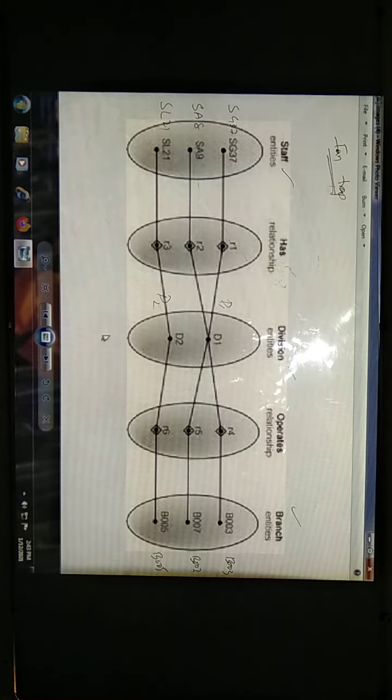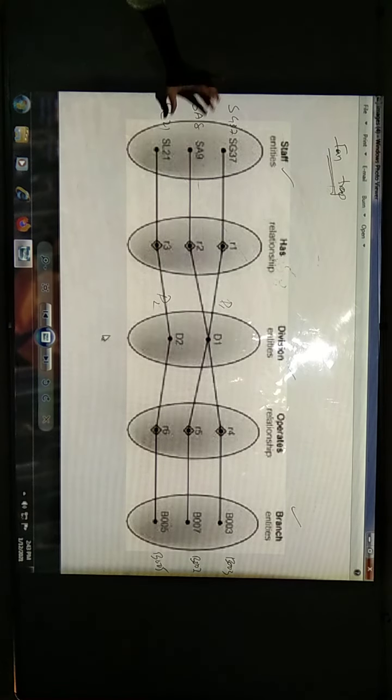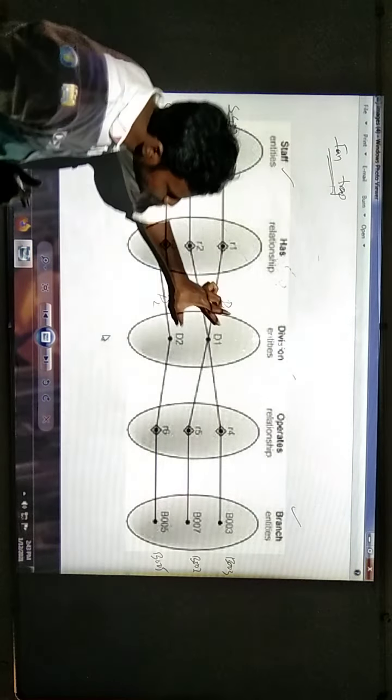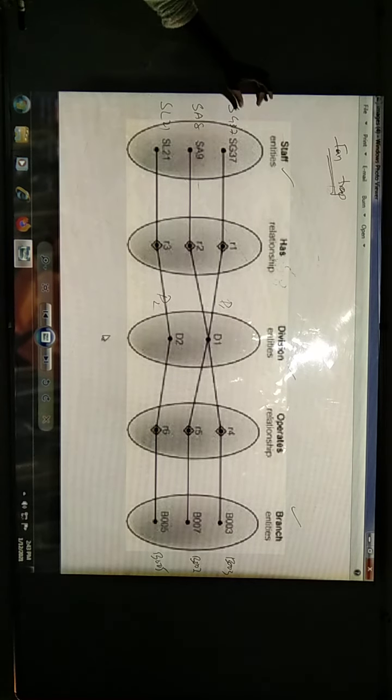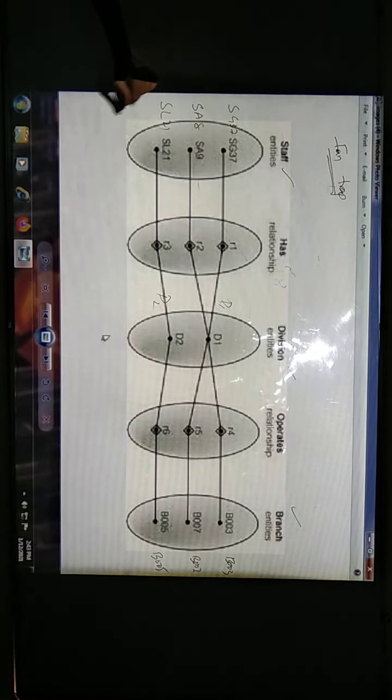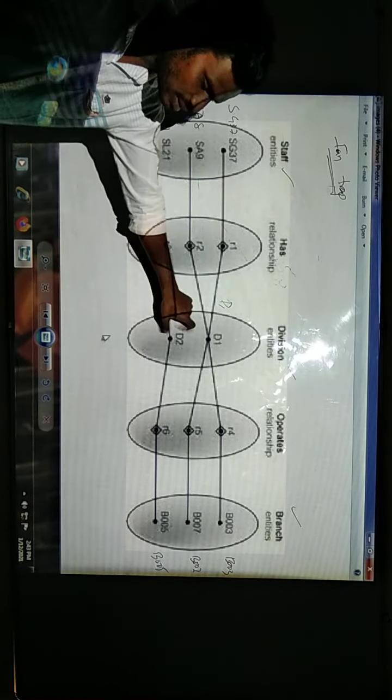When we are developing the relation between the entities, the fan trap will occur when we are having many to one and one to many relations. See how it will happen. This staff is working under this division, it is very clear, and this staff is also working for division 1.